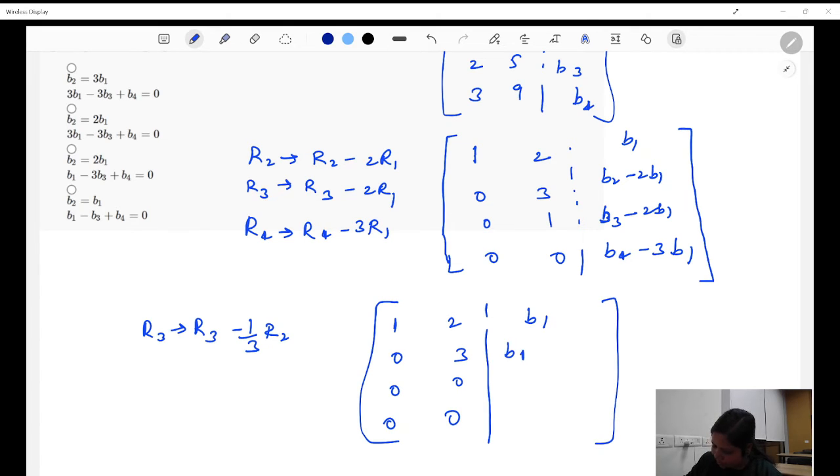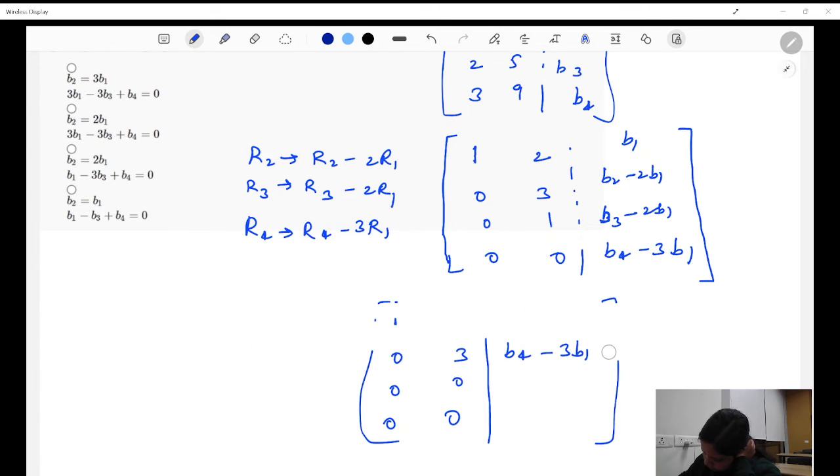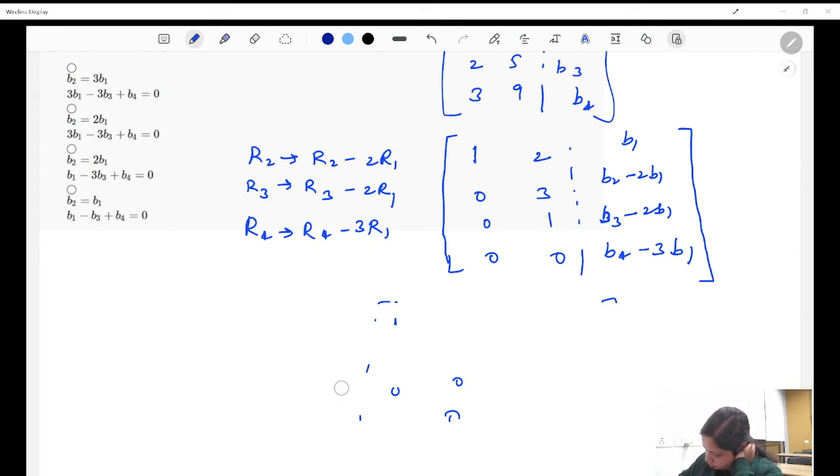This would be B4 minus 3B1. Just a second. No, no. We can't go directly. Can anyone tell me what would be the next operation? What should we do?